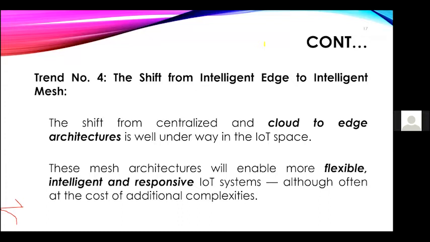These mesh architectures will enable more flexible, intelligent, and responsive IoT systems, although often at the cost of additional complexities. Definitely things are providing lots of possibilities, but complexity will come in association with that.